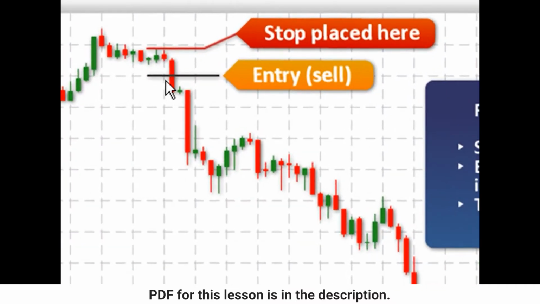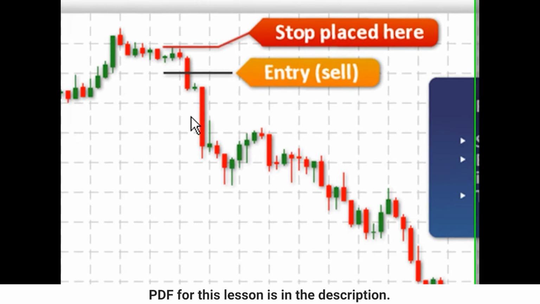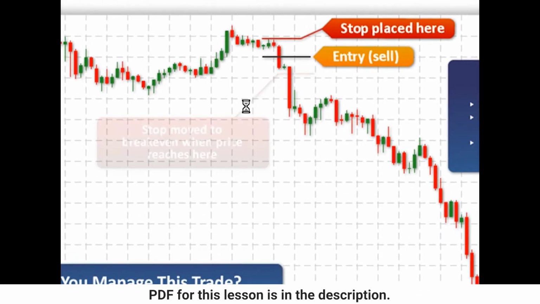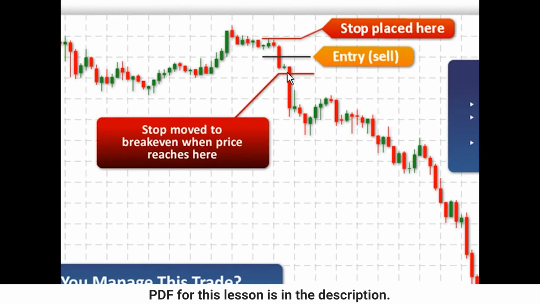Visually, we want that same distance between the stop and the entry to be in profit, and that is where our break even will be. So that is approximately as indicated. When price reaches this point right here, we're going to move our stop from here down to the entry price.